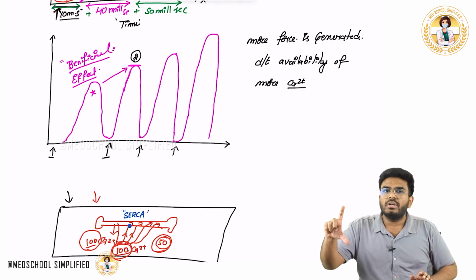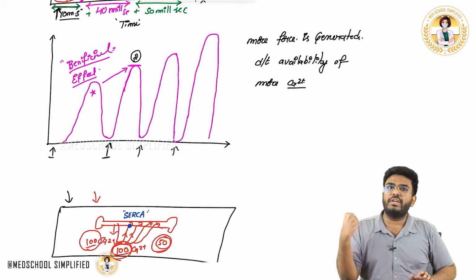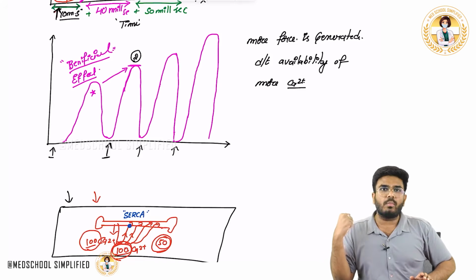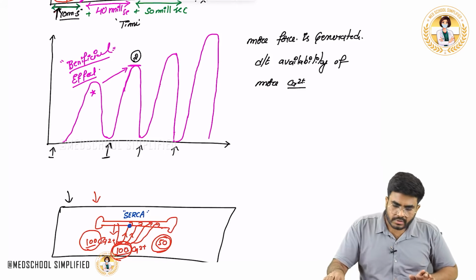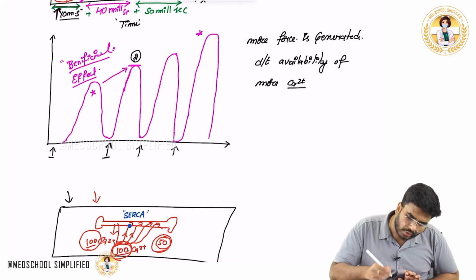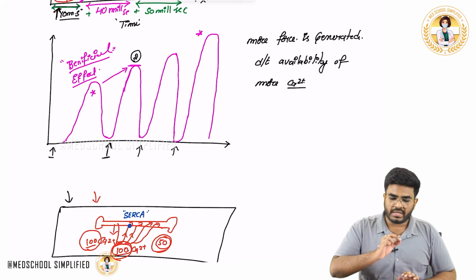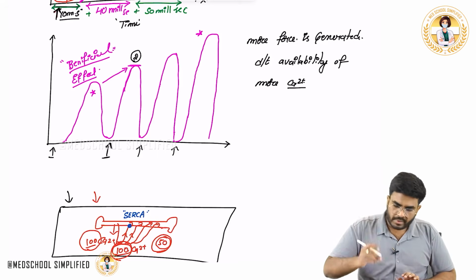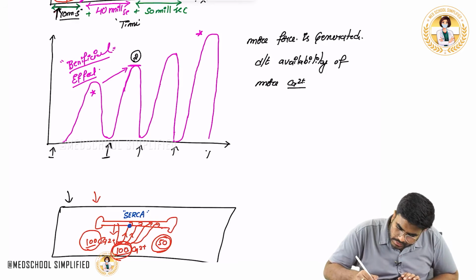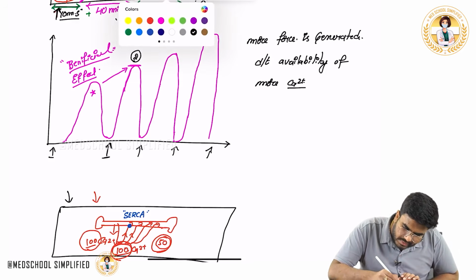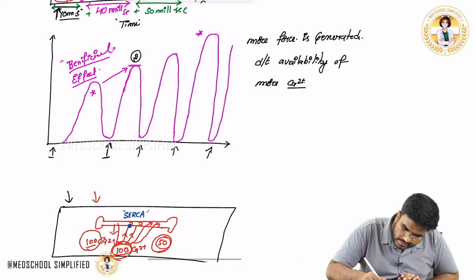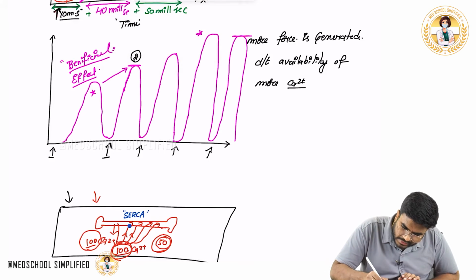Don't think the contraction power is going to keep increasing again and again. It will come up till 4 times. 4 times you stimulate, the force generated is going to increase, but from the 5th time, even if you stimulate, the force generated by this motor unit is going to be the same.